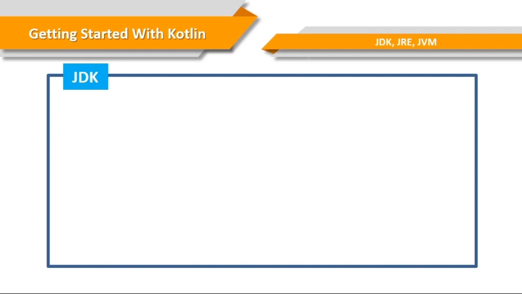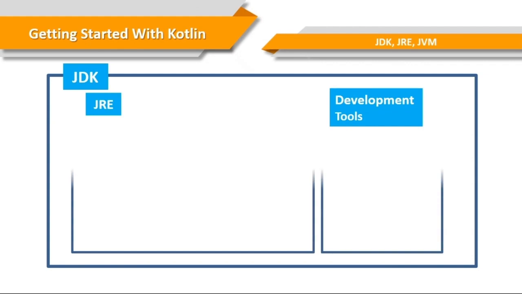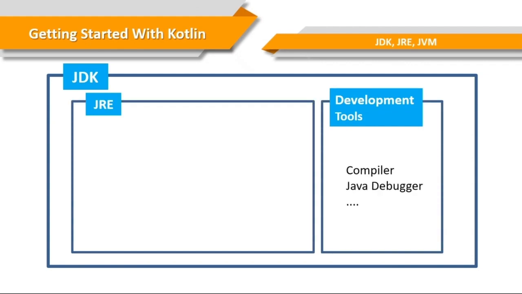This package contains all the tools that you need to develop with Java. If you want to develop and run applications, you will need to install JDK onto your machine. It actually includes Java Runtime Environment and other developmental tools. Development tools are things like compilers, Java debuggers, and other things that you'll learn.